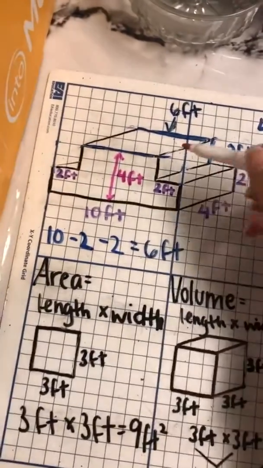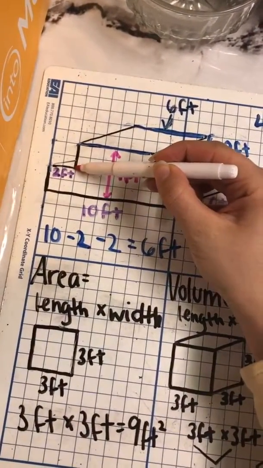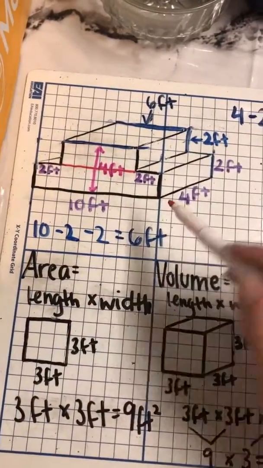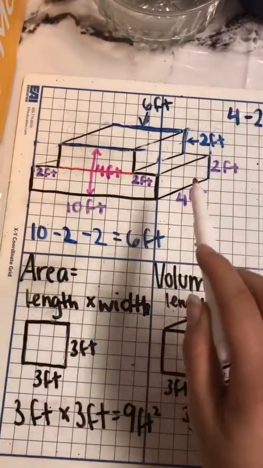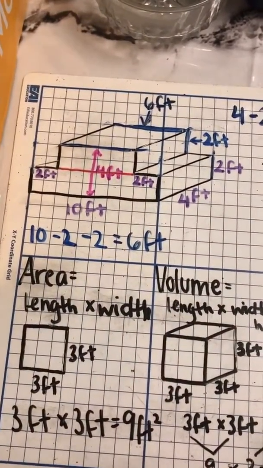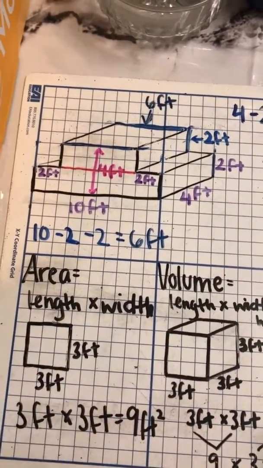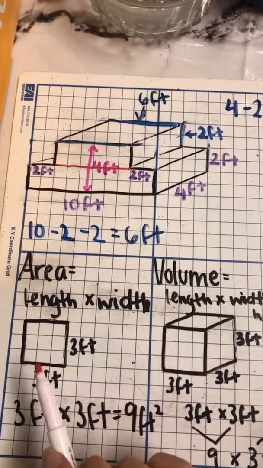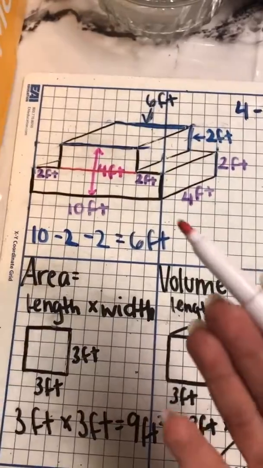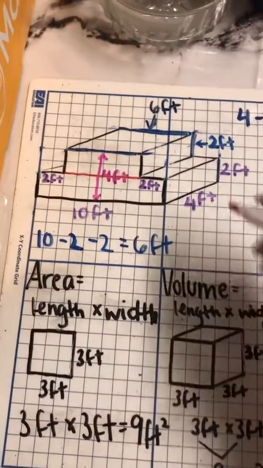What we could do is cut this figure in half. Now, I can solve for the bottom rectangular prism and I can solve for the other top rectangular prism. Sorry, I keep saying rectangle, but I meant rectangular prism. Just like there's a difference between a square and a cube, there's a difference between a rectangle and a rectangular prism.